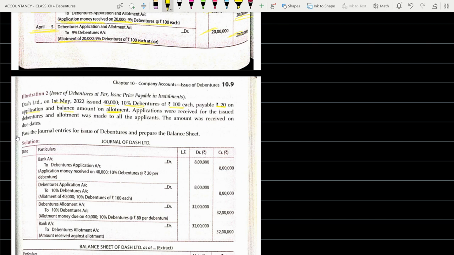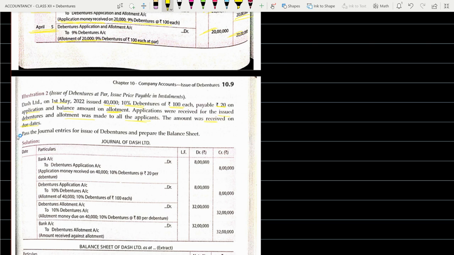Applications were received for the issued debentures and allotment was made to all the applicants. The amount was received on due dates.